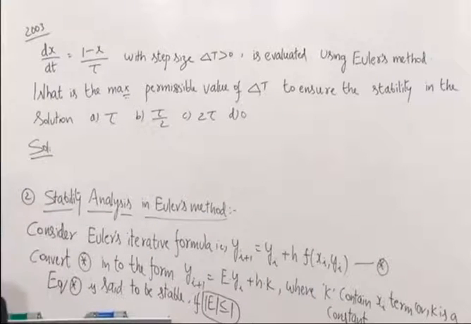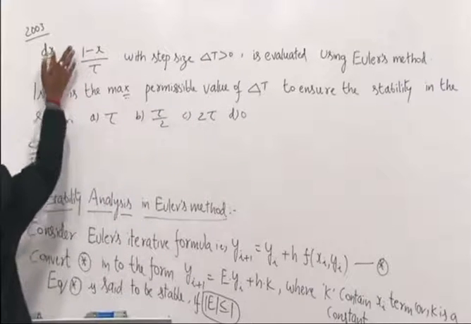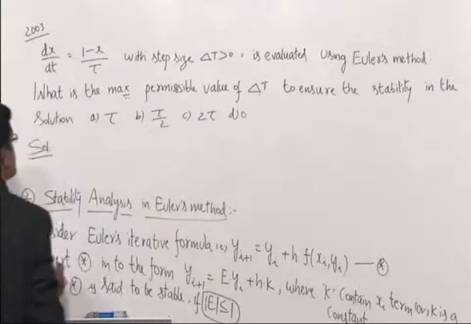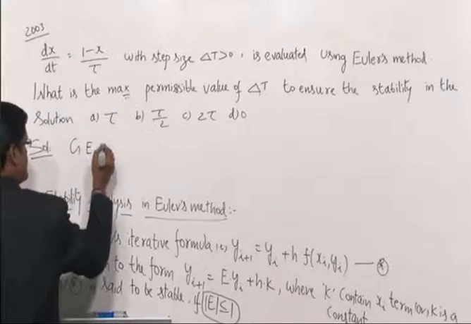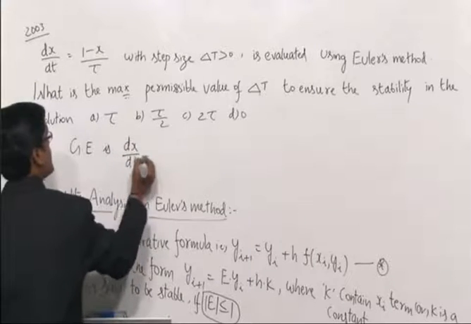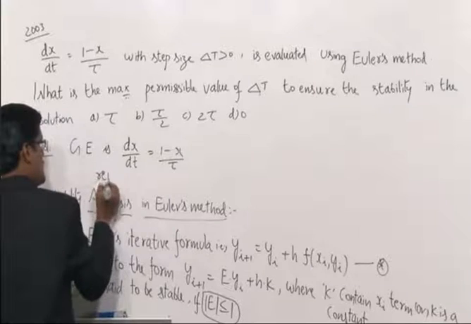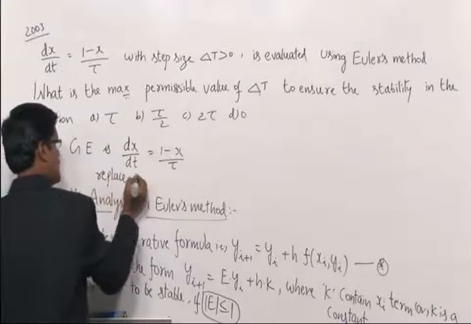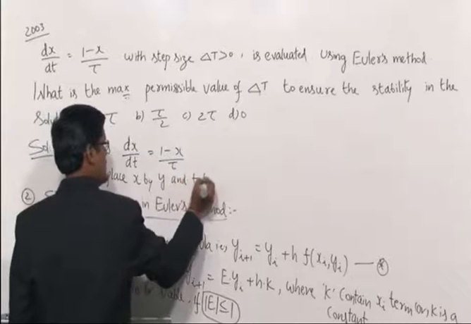So generally step size we have denoted by h, it is given as delta t. Instead of y and x, it is given with x and small t variables. Okay. So the given equation is dx by dt is equal to 1 minus x by tau. Replace x by y and t by x.